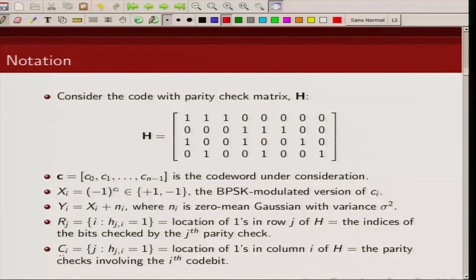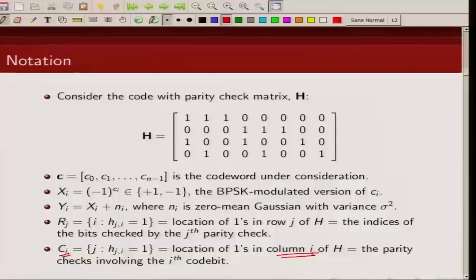Now, we use this notation Ci to denote the location of ones in column i. Now, what does the location of ones in column i denote? It denotes which parity check equations the ith bit is participating in. So, let us look at what is C0. So, this was again 0, 1, 2, 3, 4, 5, 6, 7.